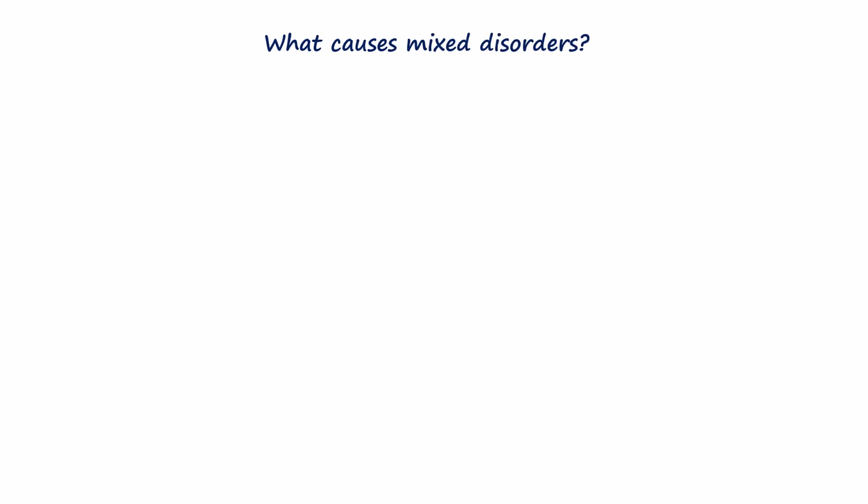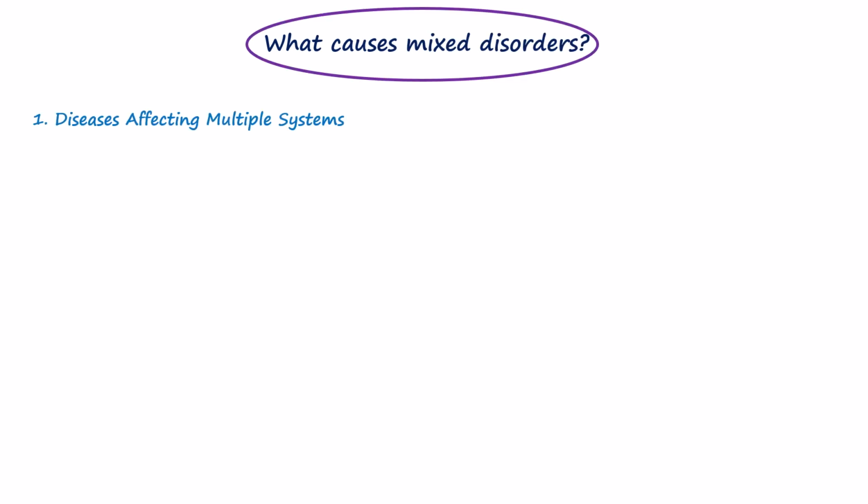We often see mixed disorders when diseases affect multiple body systems simultaneously. For instance, a COPD patient might develop respiratory acidosis. And if the same COPD patient is on diuretics, it causes metabolic alkalosis through potassium loss.